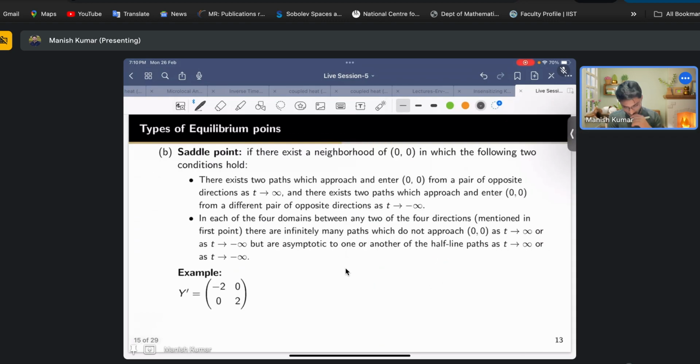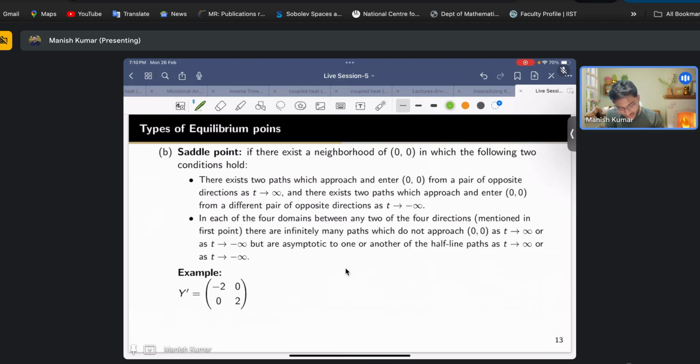Now let us talk about the saddle point. It satisfies this kind of property. Explaining this using eigenvalues is much simpler, but let us first see the formal definition, then we'll go to the characterization.